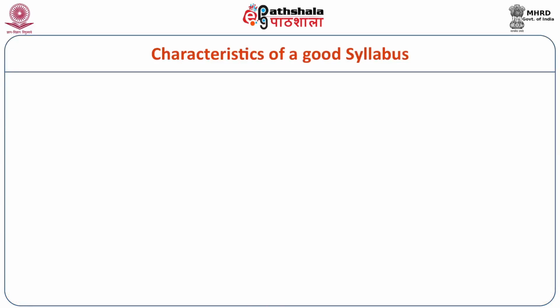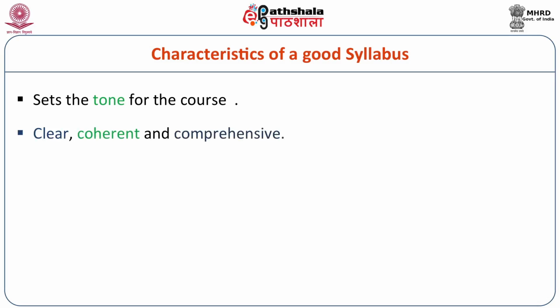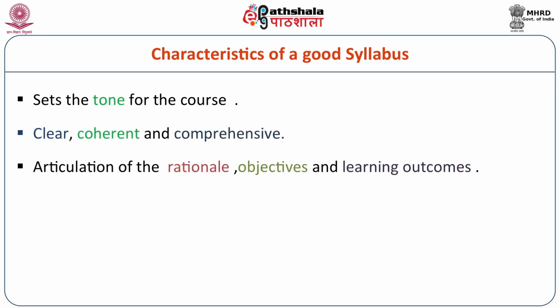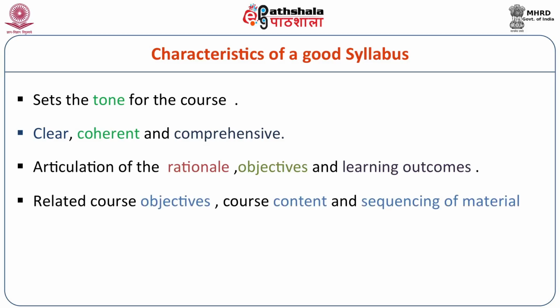What are the characteristics of a good syllabus? It should set the tone for the course. It should be clear, coherent, and comprehensive. Articulation of the rationale, objectives, and learning outcomes are expected. Related course objectives, course content, and sequencing of material.